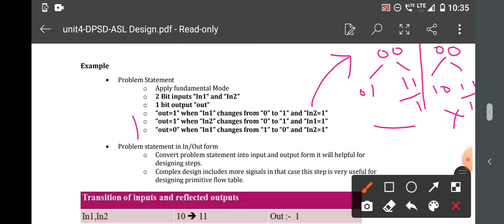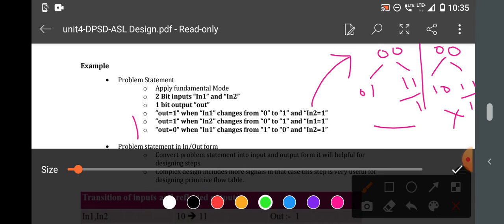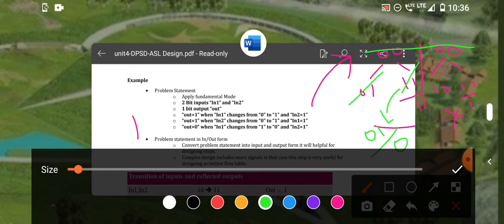The first input is changing from 1 to 0, and IN2 is maintaining 1. At that moment, the output is 0. So this is one more condition. So you have the initial condition, second condition, third condition.